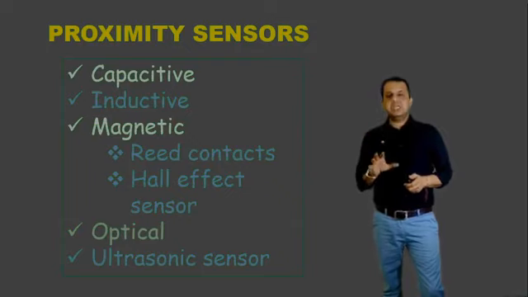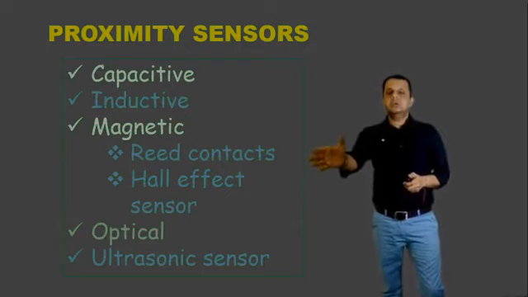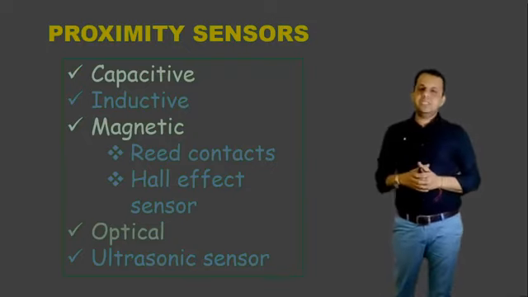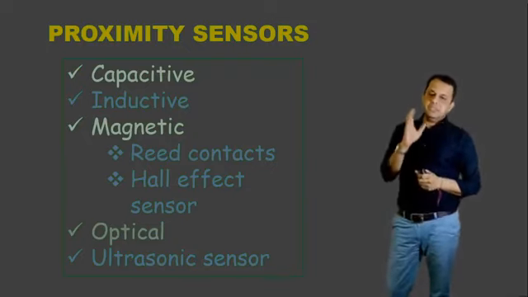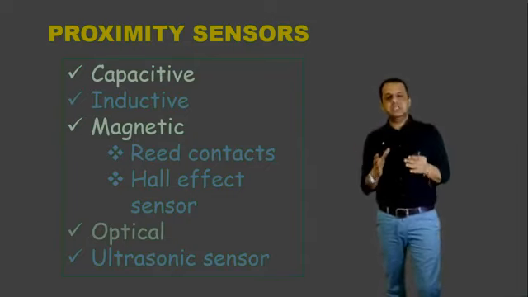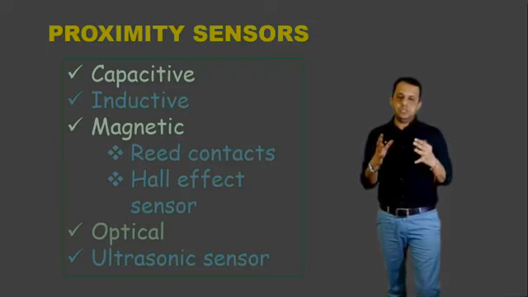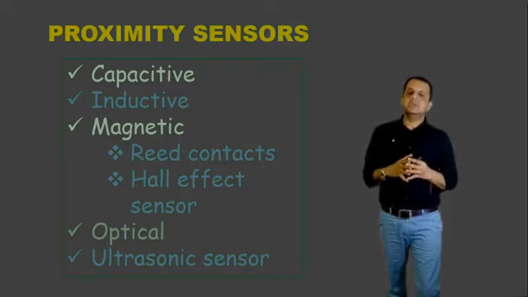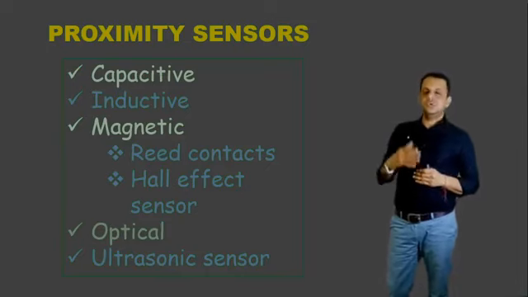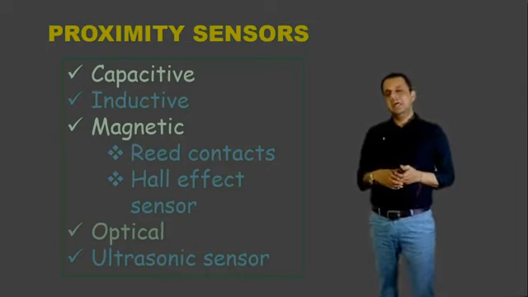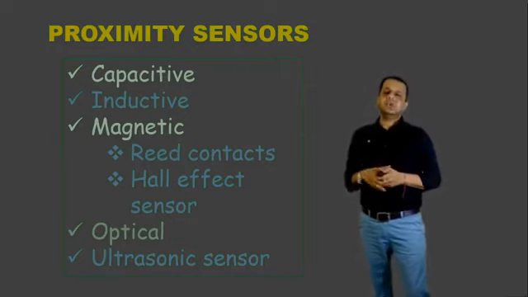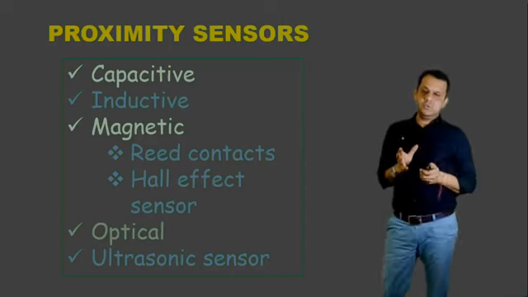We will be focusing on these sensors for proximity sensing: capacitive, inductive, magnetic. In magnetic, we will look into two parts. One is reed contact type magnetic proximity sensors. Another is Hall effect sensors, usually known as Hall sensors, and optical and ultrasonic sensors. Optical here means photoelectric.